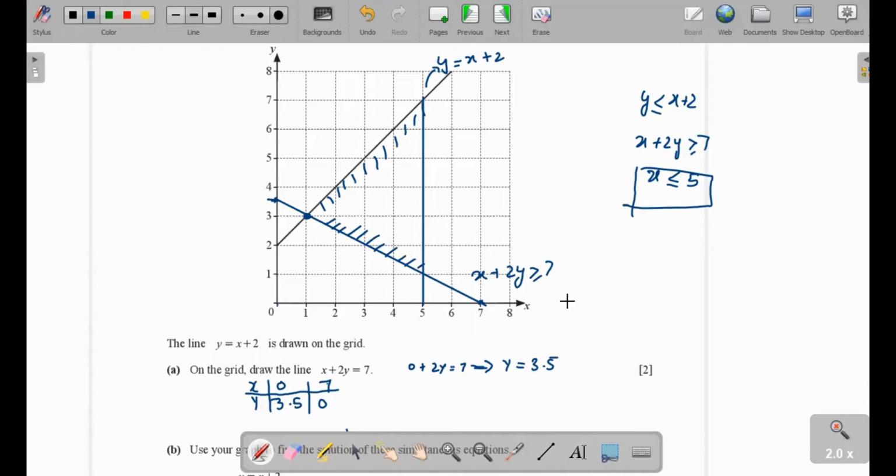Next is x is less than 5. This is the line x equal to 5 and there are two regions. The right side is greater than and the left side is less than. So x is less than 5. Okay.